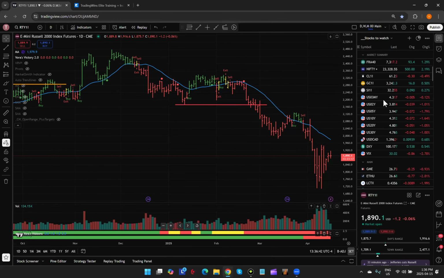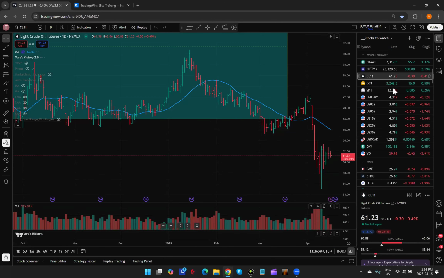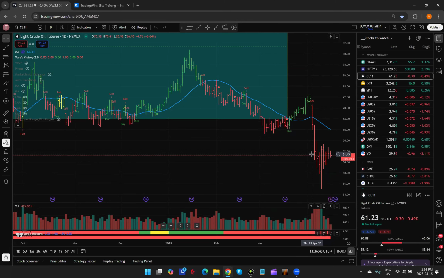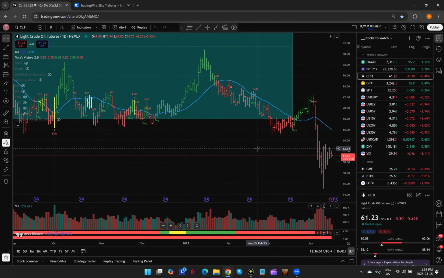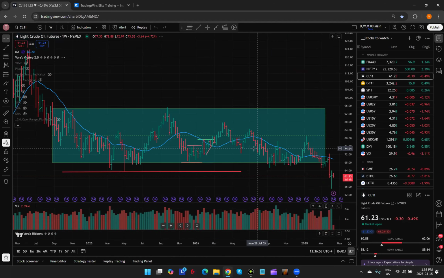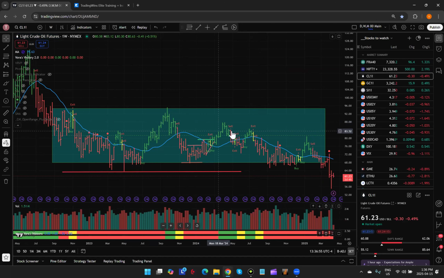And then if we look at crude oil, it is down again today, although the last few sessions have been more or less sideways. But big drawdown if you go back and look at where we were for the last couple of years, all within this highlighted range, and then we broke out of the lows and made a run down to 55 here before bouncing, and currently are sitting at 61.